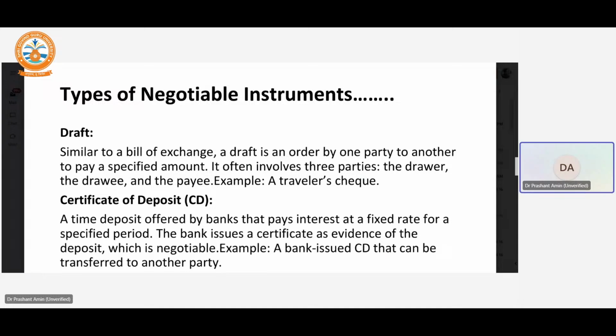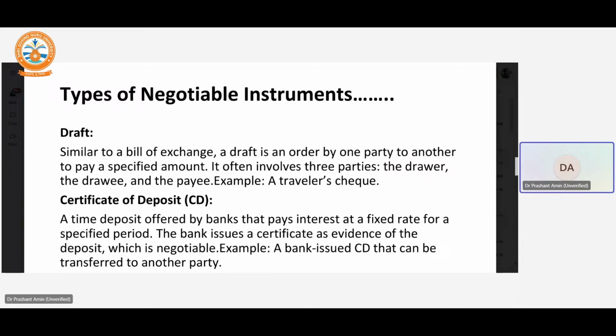It's like traveler's checks. We pay money to the bank here, get the traveler's check, and show it in a foreign country, and the foreign country will encash it, and that is a third party. So it is a negotiable instrument with a relationship of 3 elements: drawer, drawee, and payee, right?